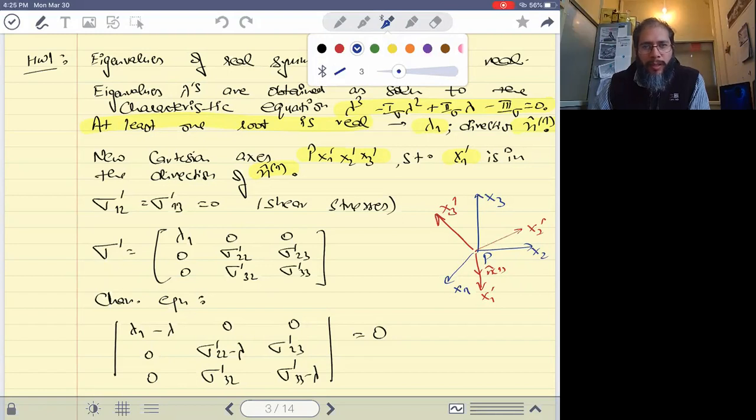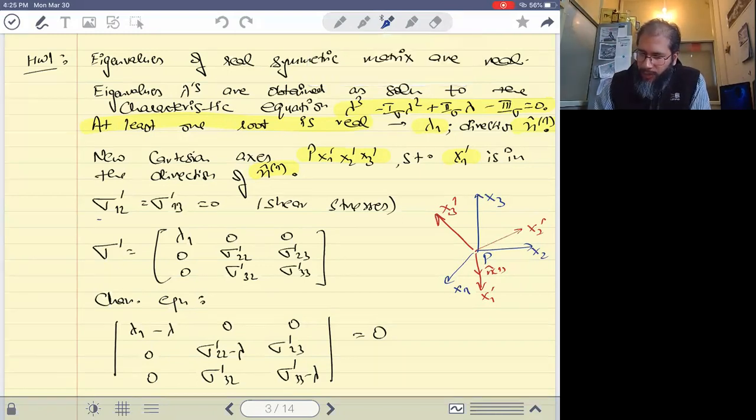It has no component in the shear direction. So here sigma prime 12 and sigma prime 13 are both zero, because sigma prime 11 is the normal direction component of the stress vector in the n1 direction, or the x1 prime direction.